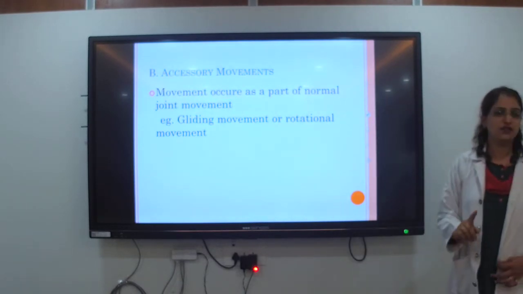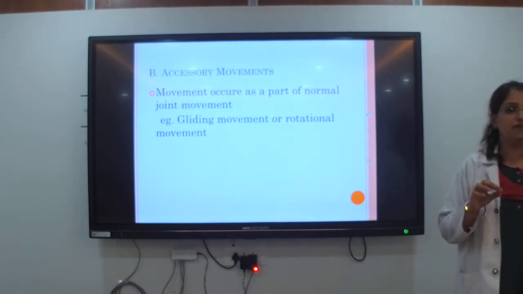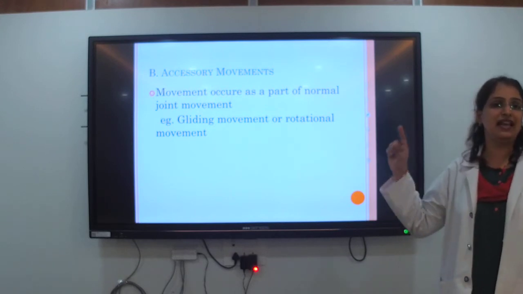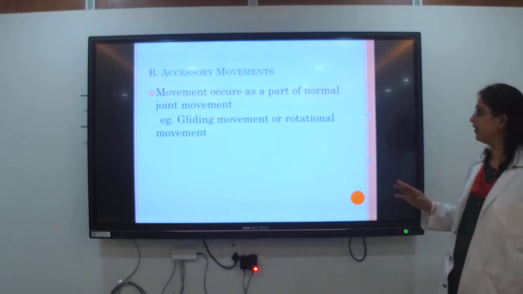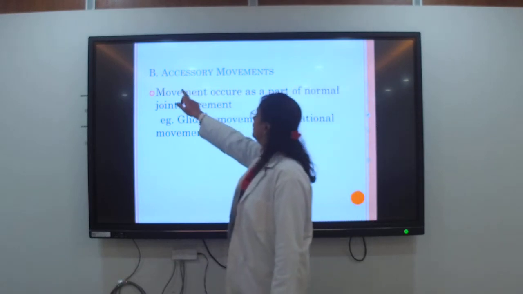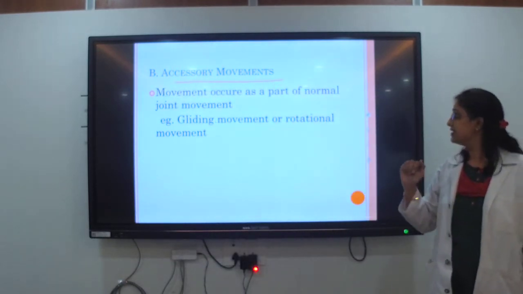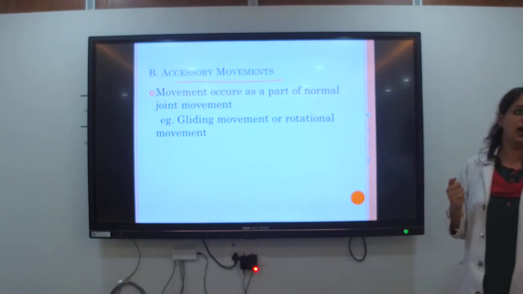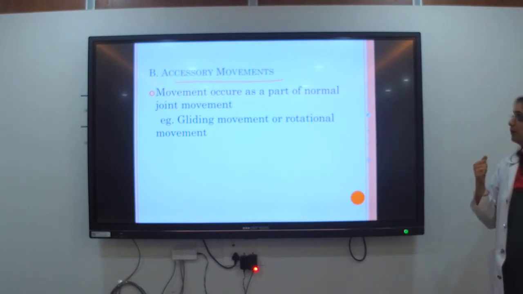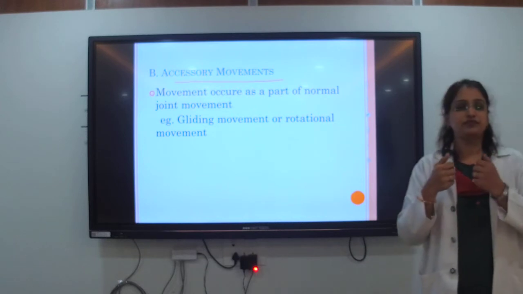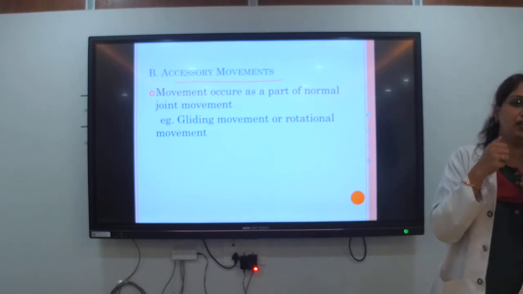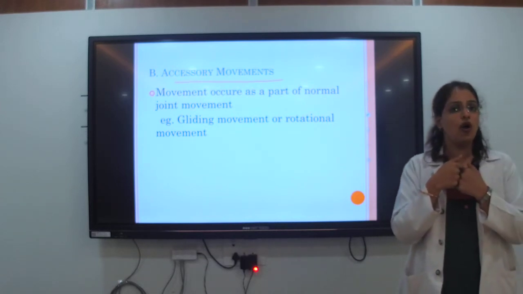So the first type is relaxed passive movement, and that is over. Now, the accessory movements. What are these accessory movements? When you are moving the joint, some articular motions are also occurring.